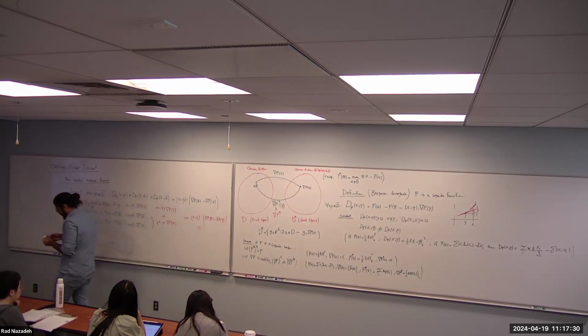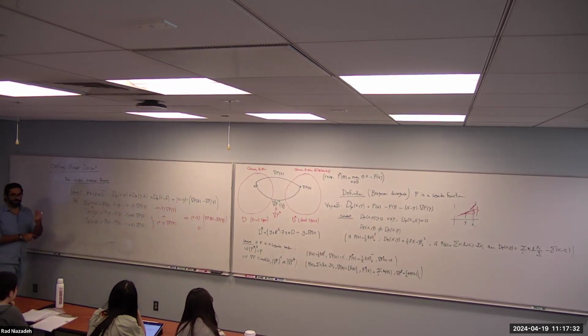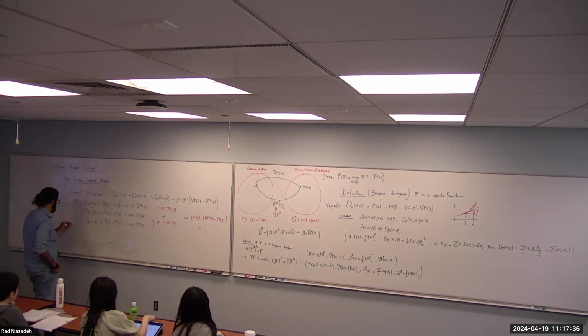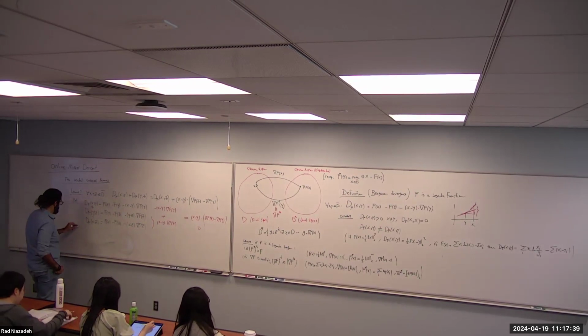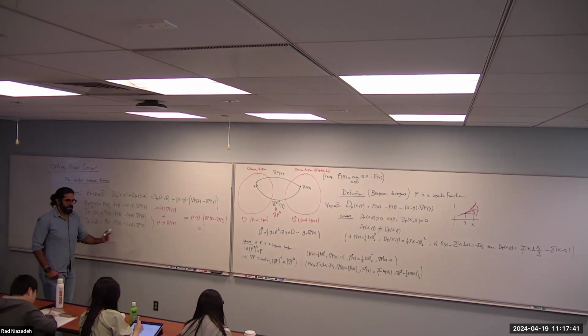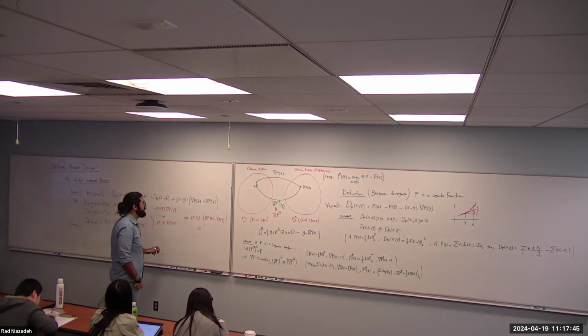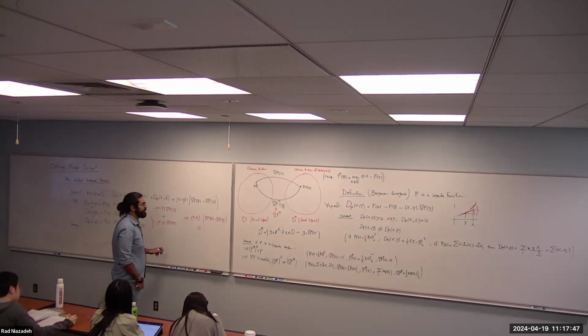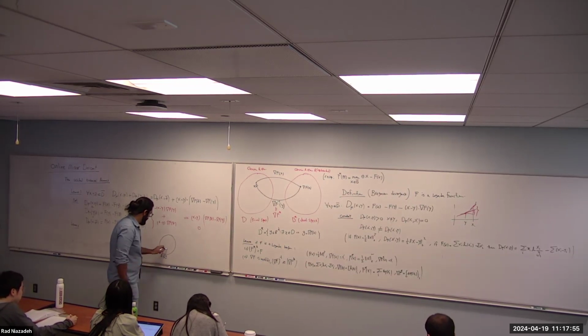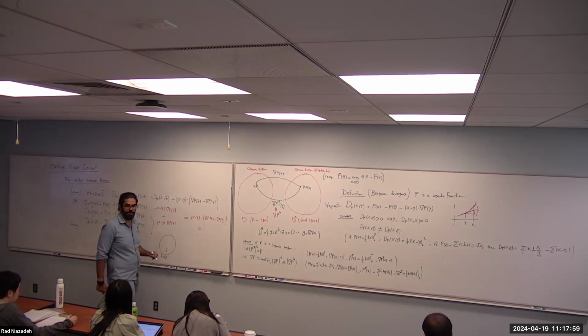So lemma number two is what I call the Pythagorean theorem for Bregman divergences. Let me start with the geometric picture first. Imagine you have some space A, which is a subset of the closure of D. And you have some points in this space A, and then you have some points potentially outside of this space.